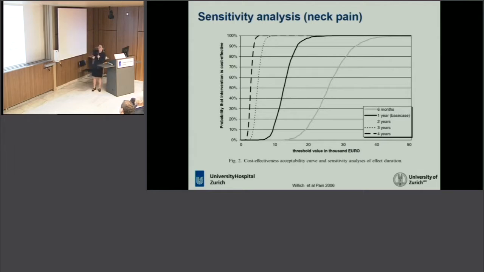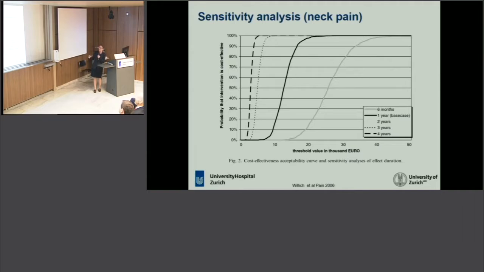So when we go into the sensitivity analysis, these are the benchmarks here, these thresholds. So we have 10,000 euro, 20,000 euro, 30,000 euro. So if our society would be willing to pay 10,000 euro per extra year of perfect quality of life, here it would be cost effective if the effect with the neck pain, I took the neck pain trial here, stays over 4 years, over 3 years.